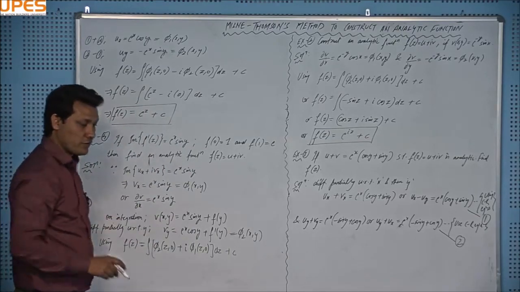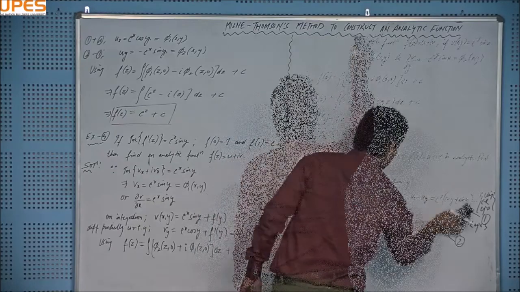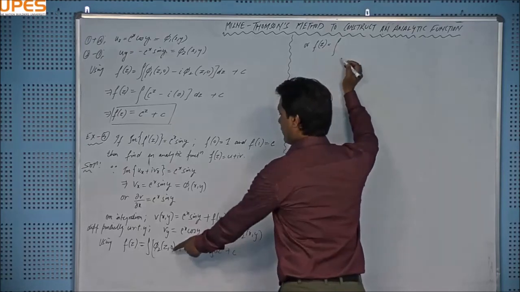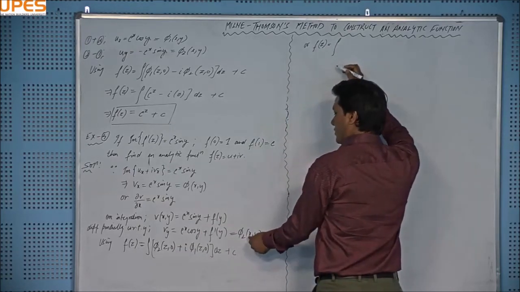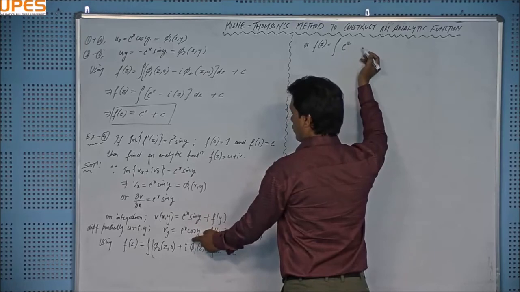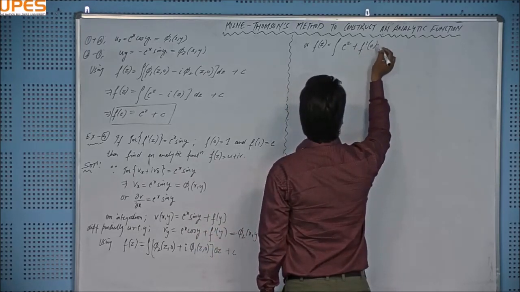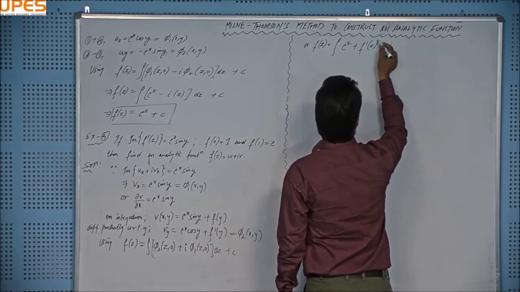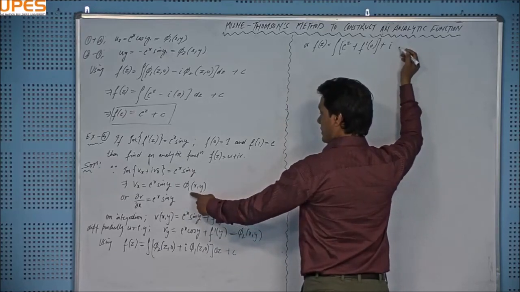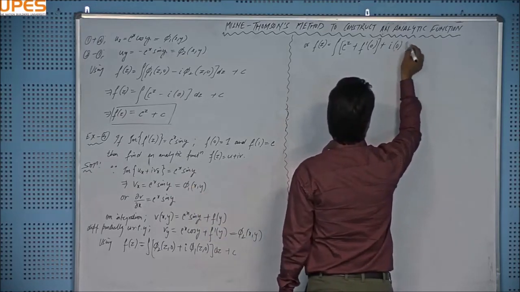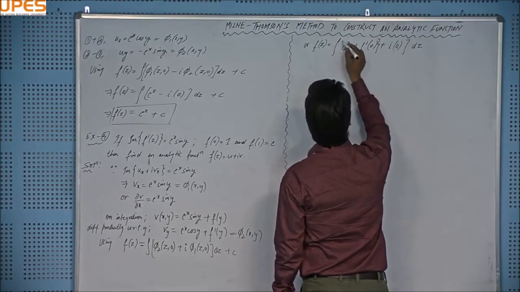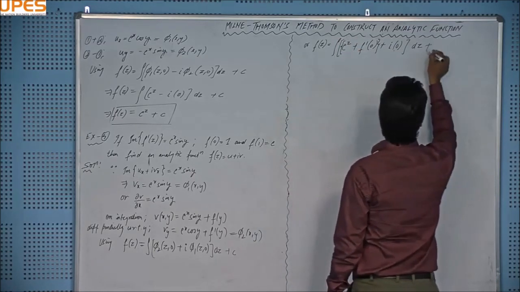Now I will plug the values of phi 2 and phi 1. So f(z) equals the integral of phi 2 (z, 0), replace x by z and y by 0, you will get e to the power z cos 0, which is 1, plus f dash 0, plus eta times phi 1 (z, 0), and that will be 0, dz, plus c.